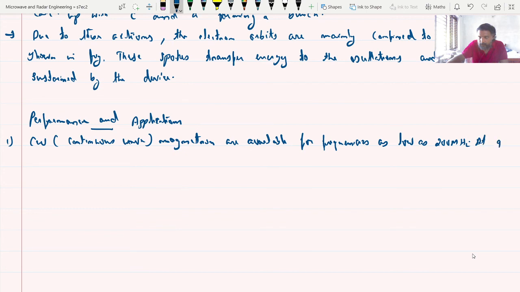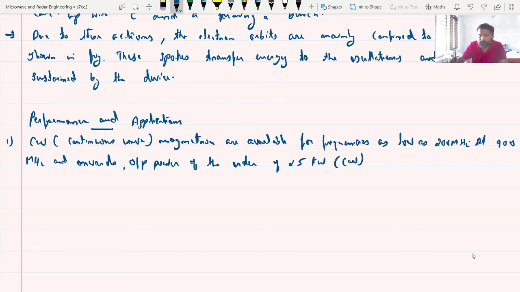At 900 megahertz and onwards, output power of the order of 25 kilowatt, that is CW, with the efficiency greater than 80% is achievable.